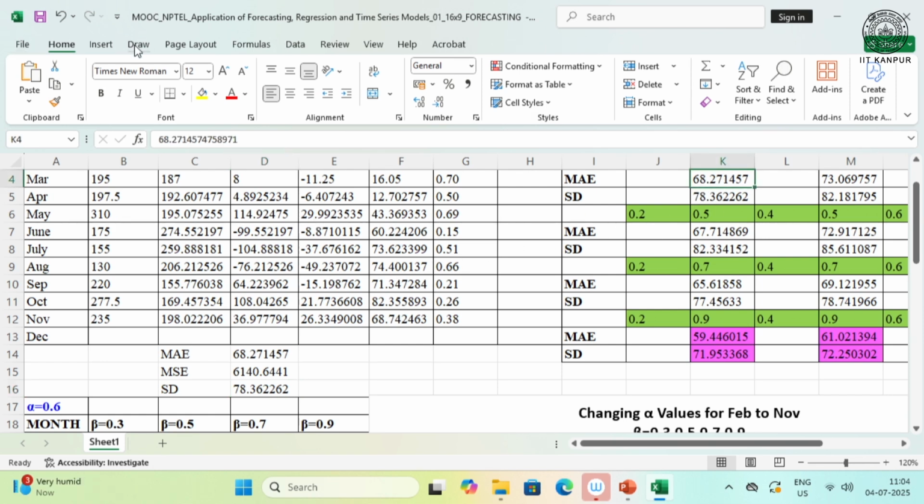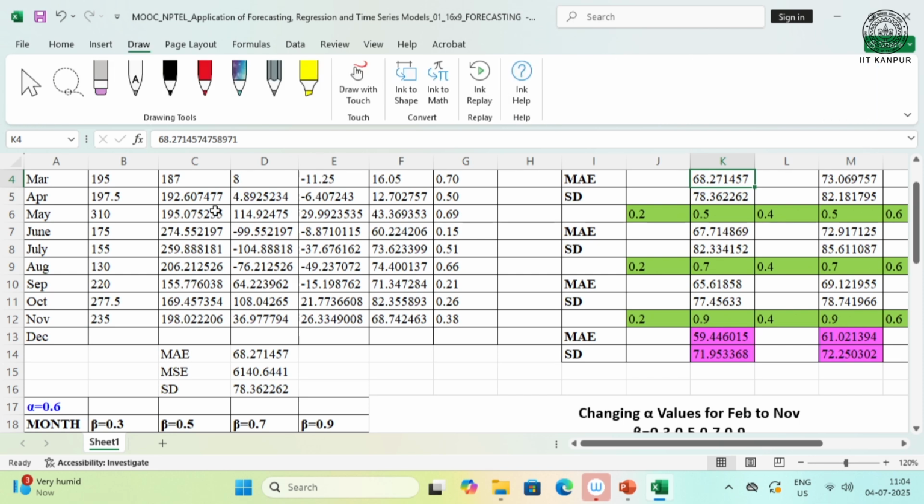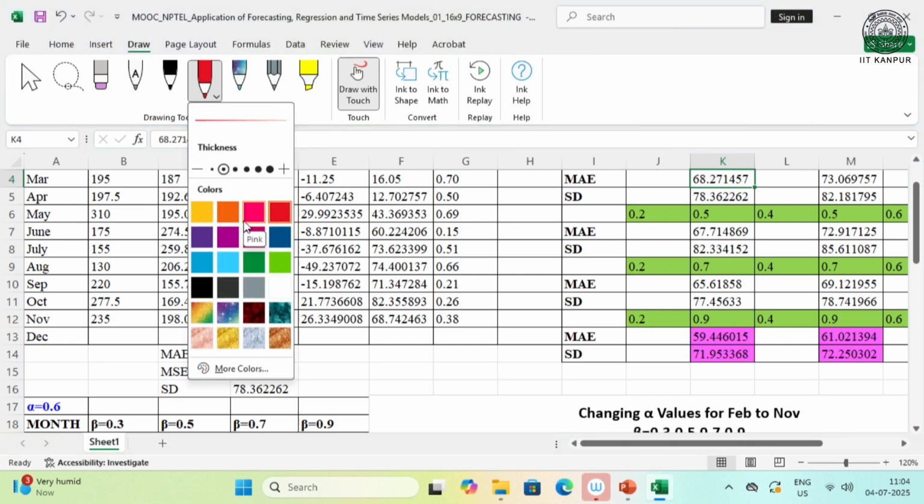68.271. So, if I see, I will just mark it. I will use a color here, say for example red would be fine, because it will help us to make the difference.